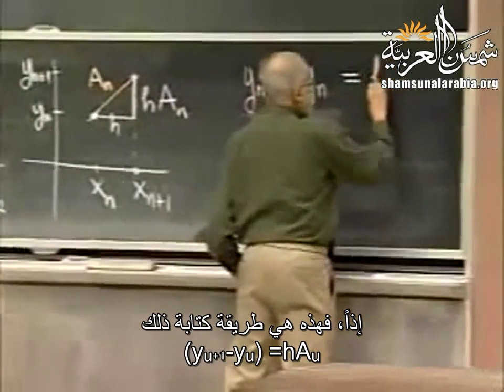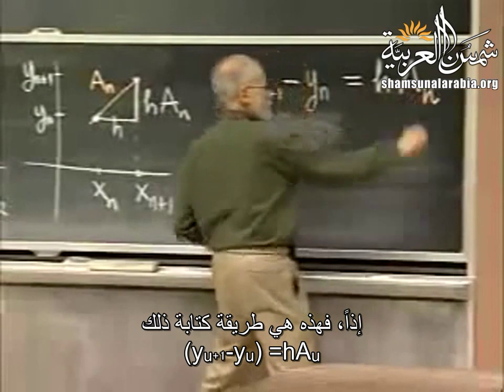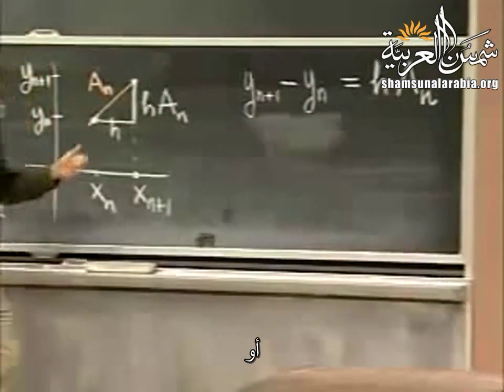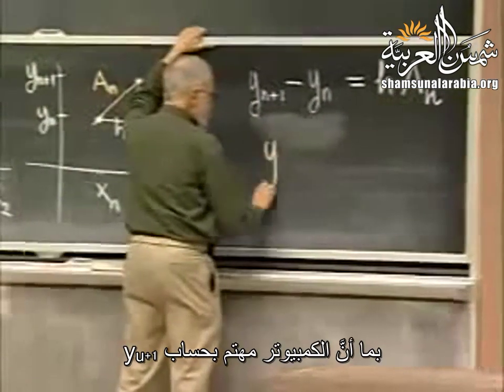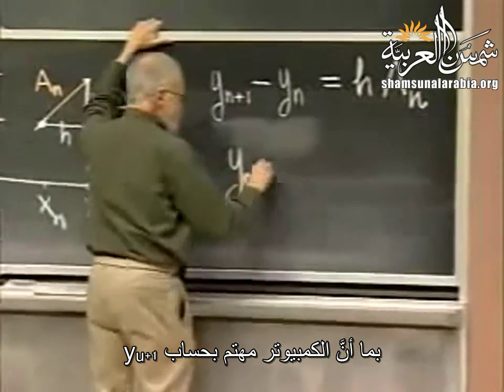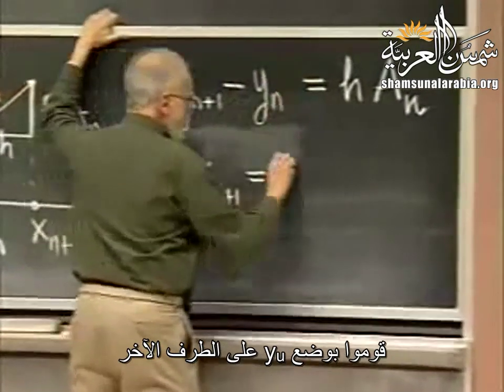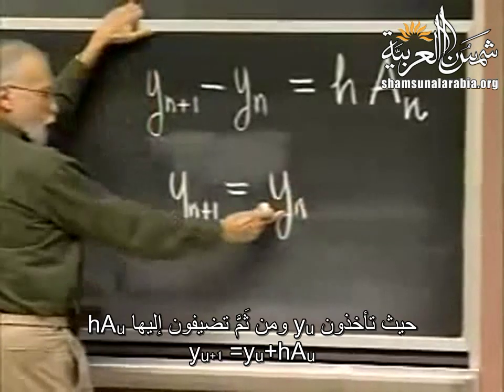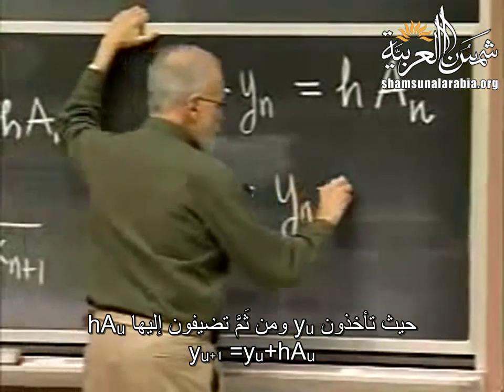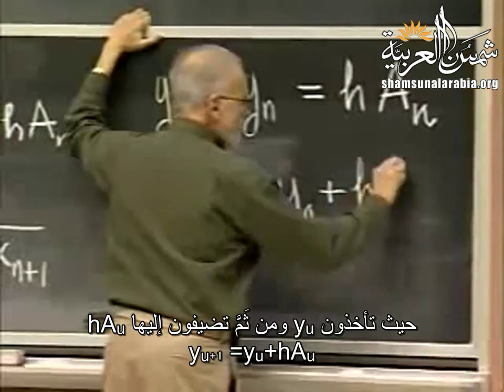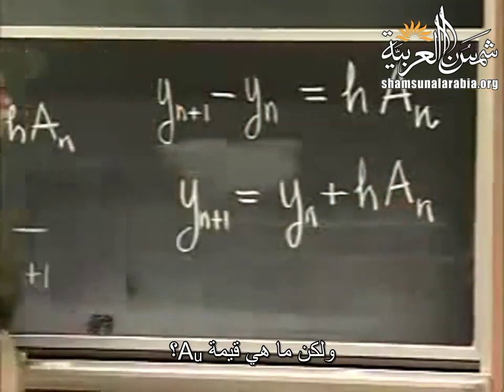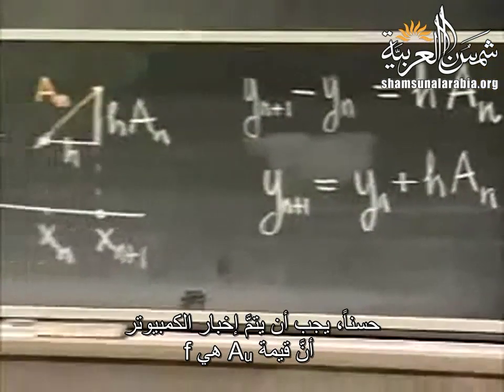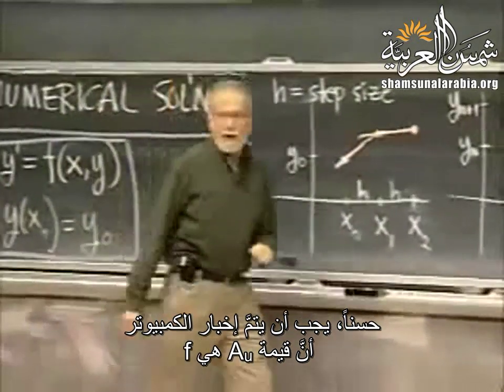So that's the way to write it. Or, since the computer is interested in calculating yn plus 1 itself, put this on the other side. You take the old yn, the previous one, and to it you add h times an. And what, pray tell, is an? Well, the computer has to be told that an is the value of f.